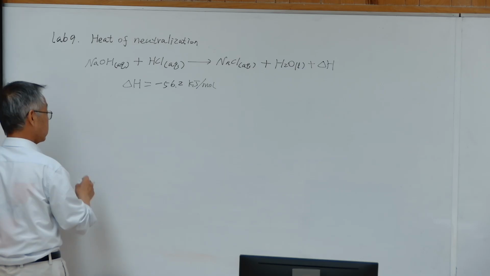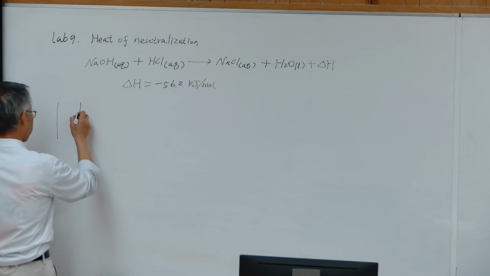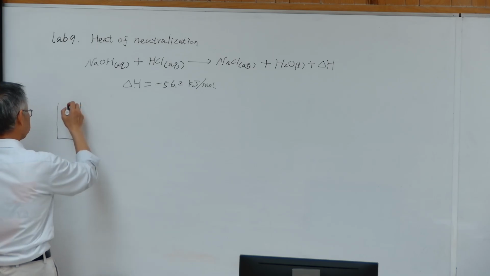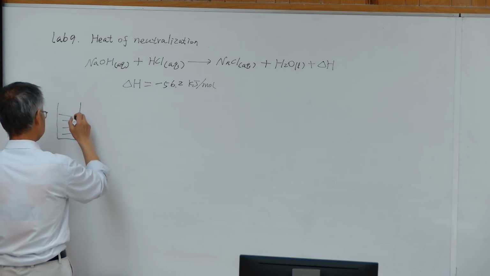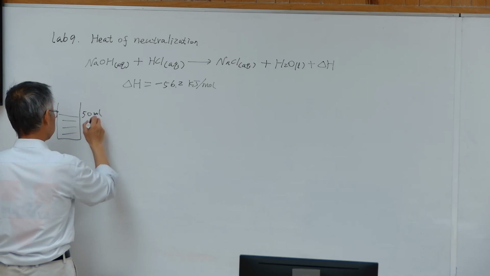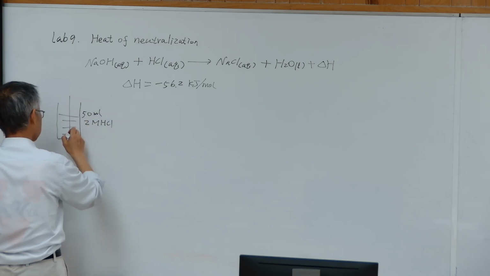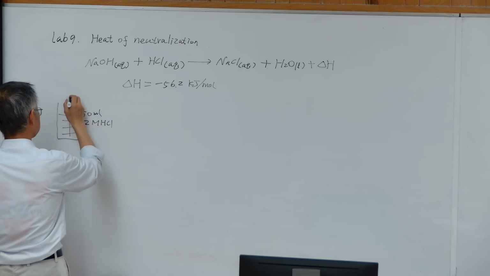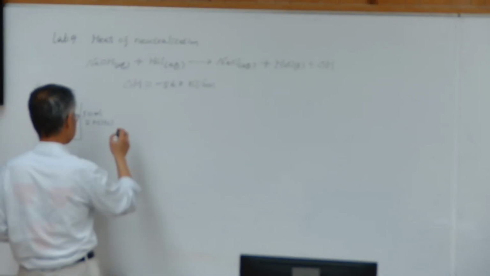So what we're going to do is first put some hydrochloric acid in a beaker or flask. It's 50 milliliters of 2 molar HCl, and we use a thermometer to measure the temperature.